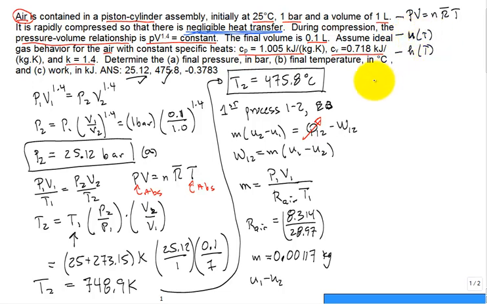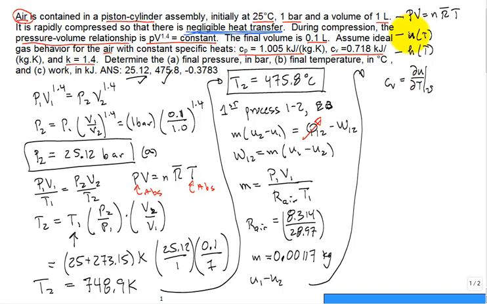Also, we have the relationship that, and I'm just going to continue the discussion up here, we've defined C sub V as the rate of change of internal energy with respect to temperature holding volume constant.